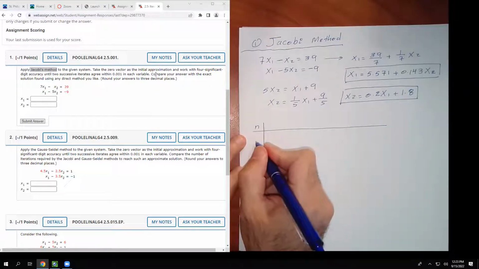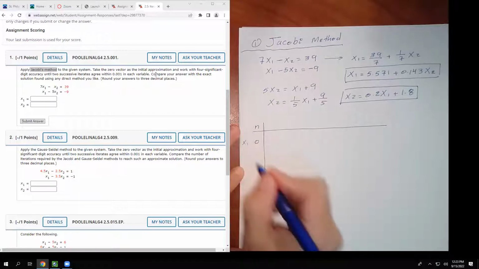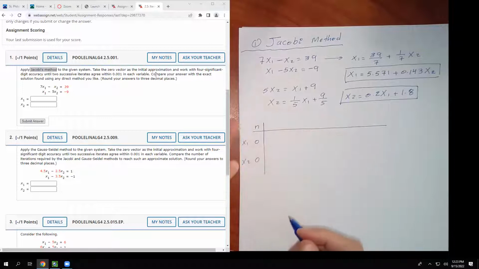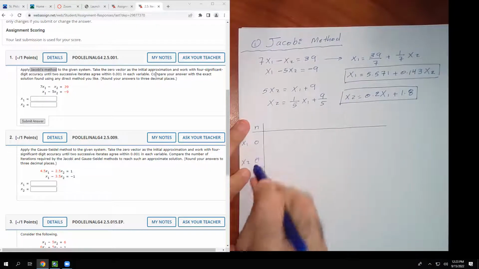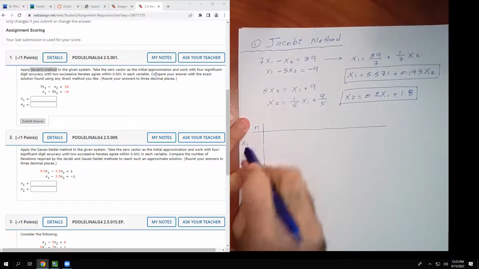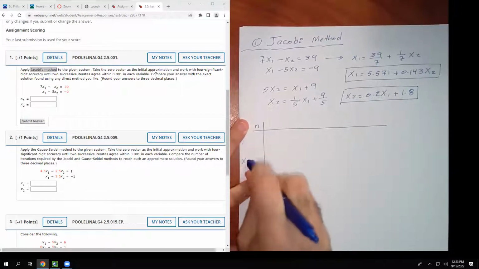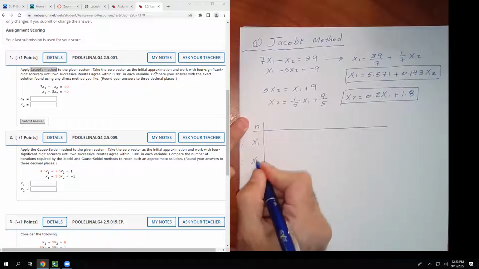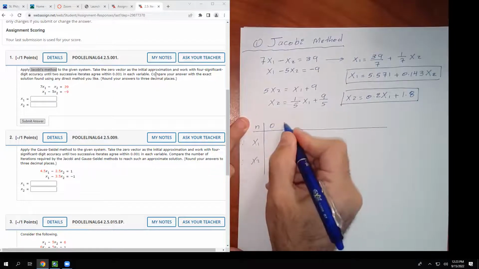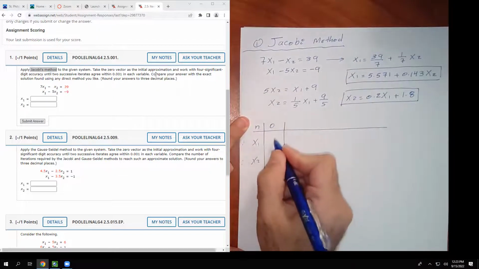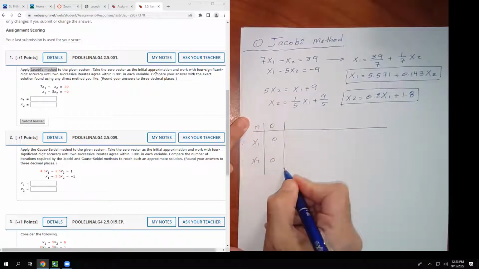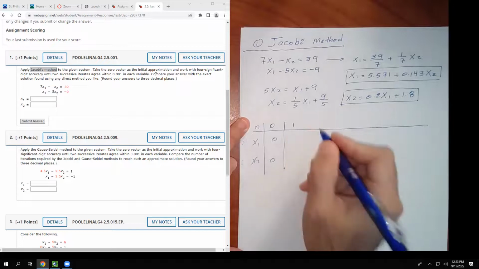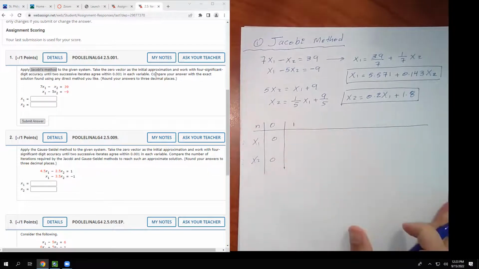That means x1 is 0 and x2 is 0. Let's do it on the next row. This is x1, here is x2. The initial iteration is 0, 0. Now let's start with the first iteration.